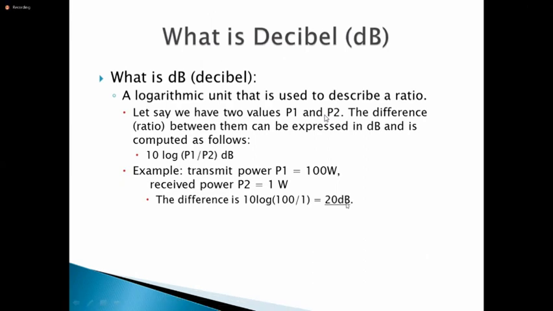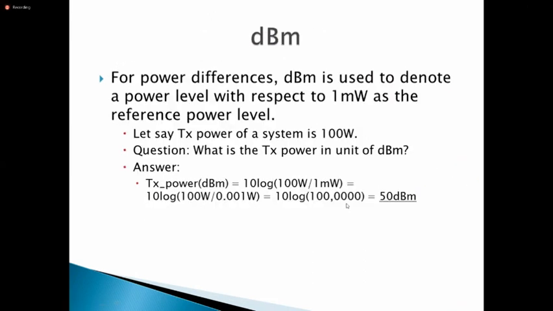We have to divide P1 by P2, then only we can calculate the dB value, right? But in dBm, if we are given a power, we find how much it is relative to 1 milliwatt on the decibel scale. That is what dBm finds.